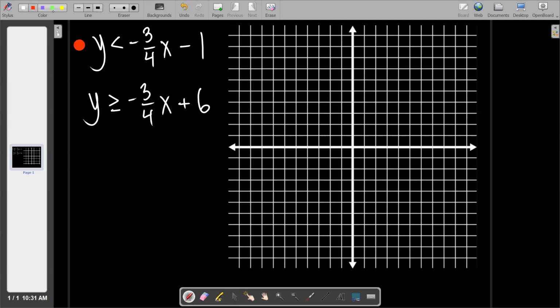Let's talk about the top one. I'm just going to kind of talk you through it. Tell me if you disagree. I'm going to start by going down one. And then because the slope is negative 3/4, I'm going to go down and right a bunch of times. I'm going to go down 3 for every 4 I go to the right.